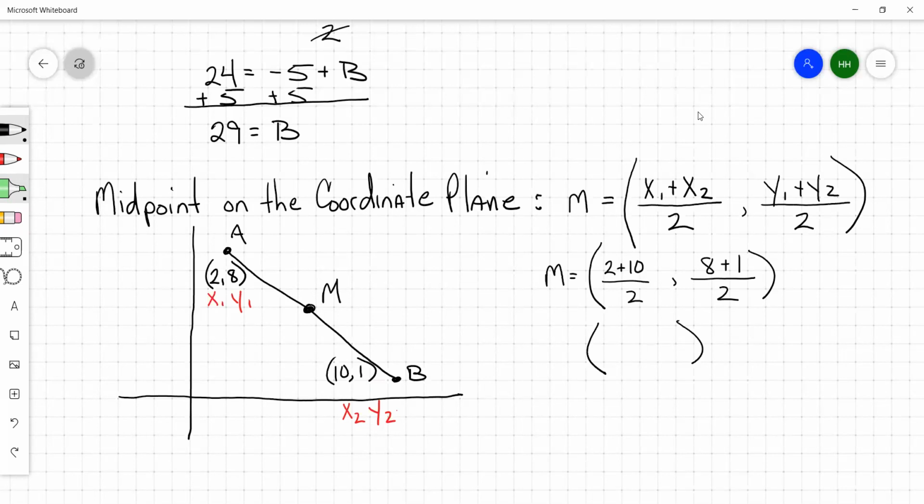So our 2 plus 10 divided by 2 is 6. 8 plus 1 is 9, right? Divided by 2, 4.5. So our middle is at, that looks a little better, 6 and 4.5. Sorry about that, guys.